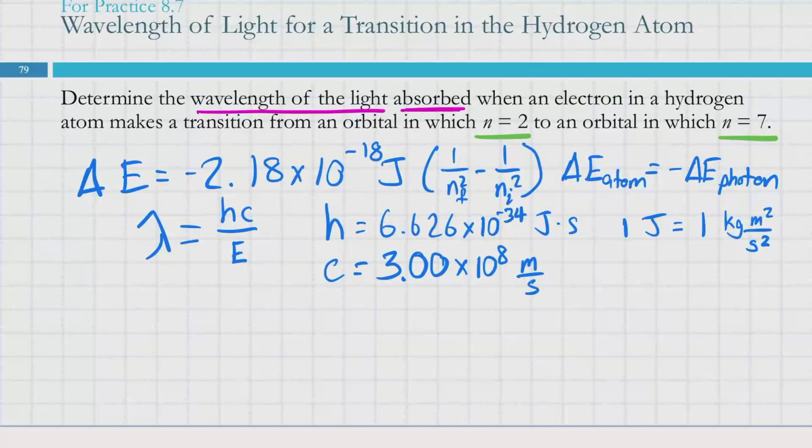All right, what values do we have that we can plug in? What information are we given? We're given h and c. What else were we given in the problem? n equals 2 and n equals 7. Where can we plug those in?